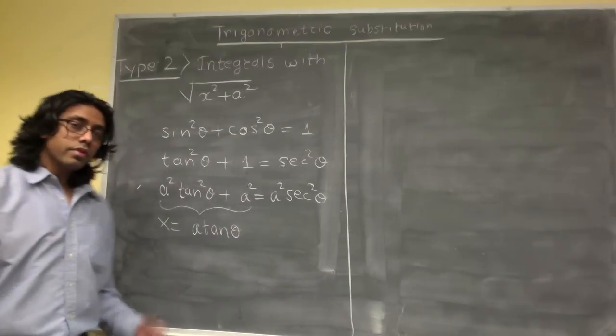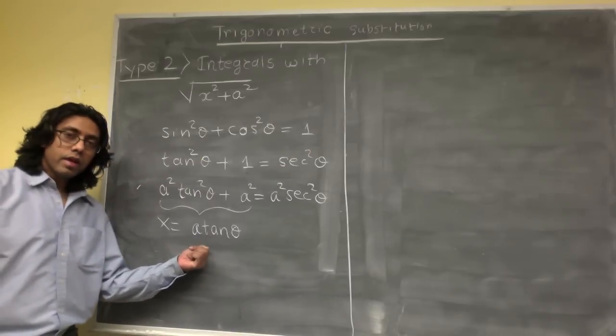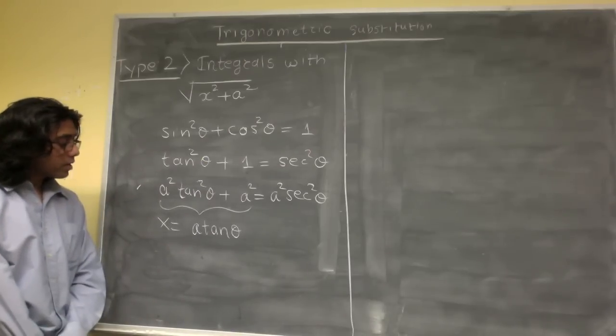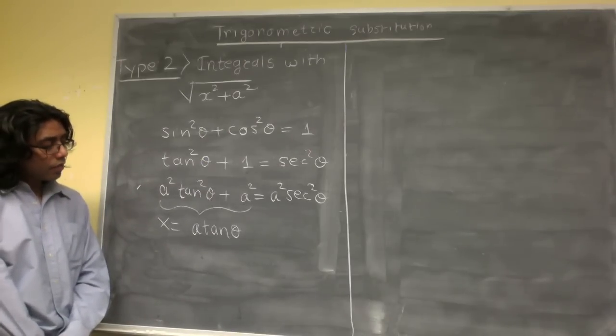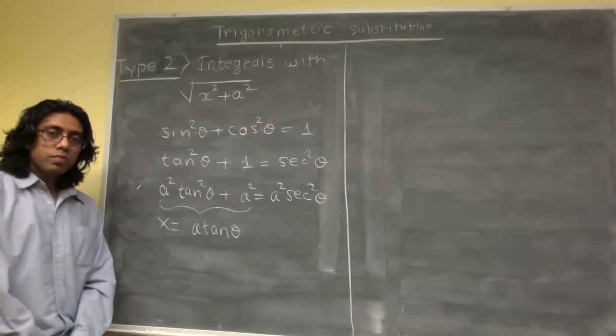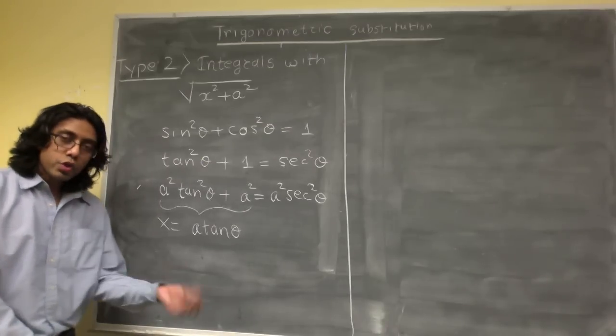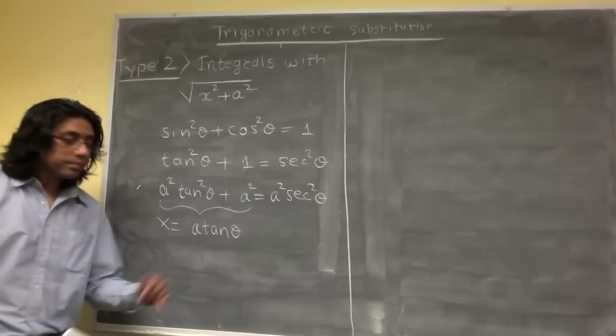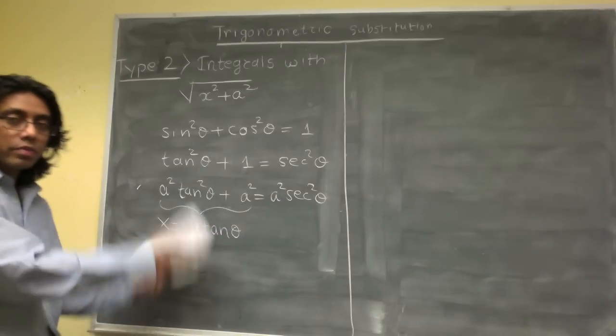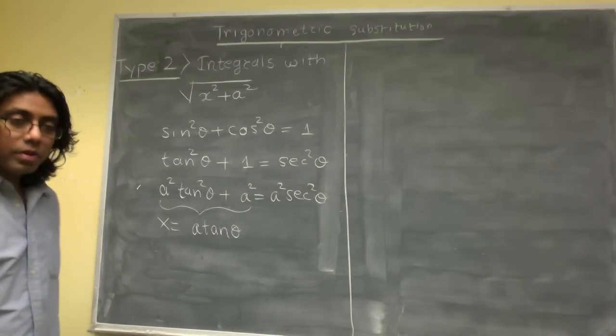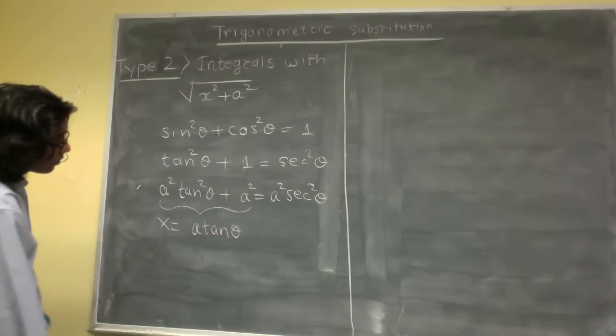So that's the reason we have this as our substitution, x is equal to a times tan of theta, where the interval is minus pi by 2 to pi by 2 to ensure that the function is one to one. Open interval in this case because tan of pi by 2 doesn't exist.